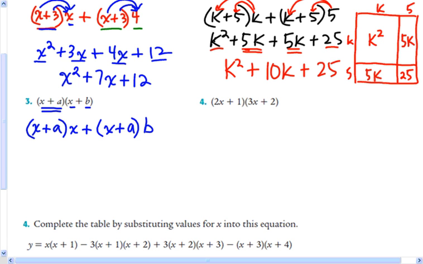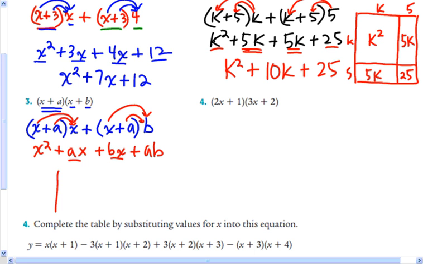And to expand that out, we are going to multiply that times that, and that times that, that times that, and that times that. And so we get x squared plus ax plus xb, or I like to put it in alphabetical order, bx, plus ab. And I'm not going to simplify those because I don't know what a and b is, so I'm just going to leave it like that.